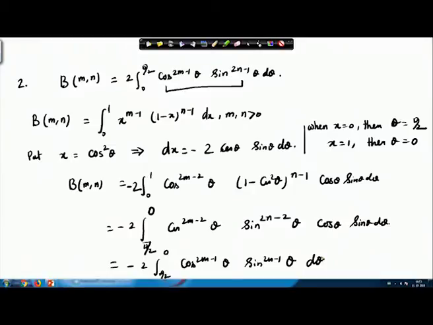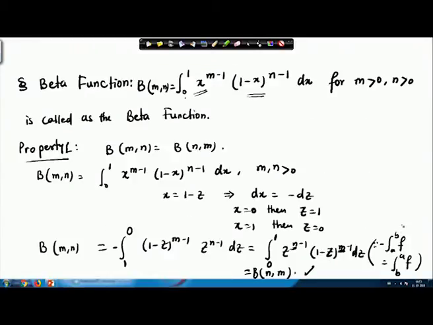And now, we will use the property which we just mentioned, that if you have minus integral of a to b f(x) dx, then it can be written as integral b to a f(x) dx.